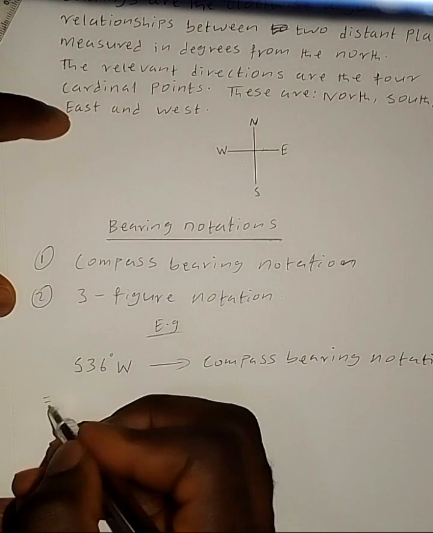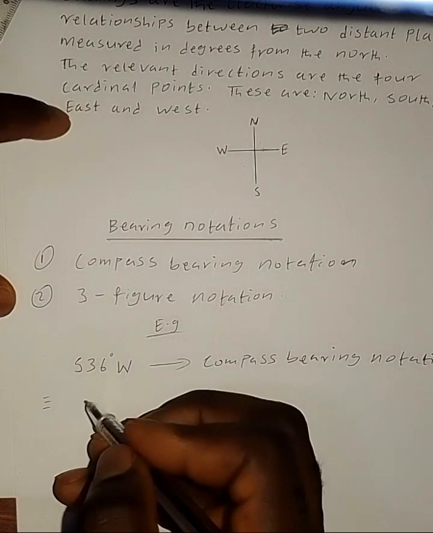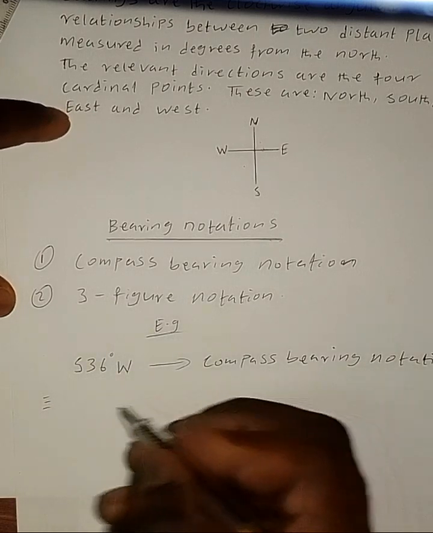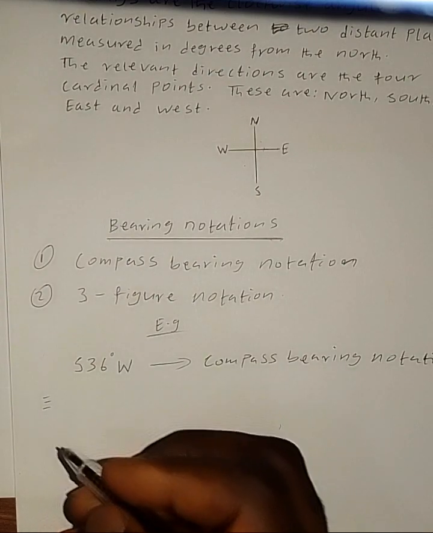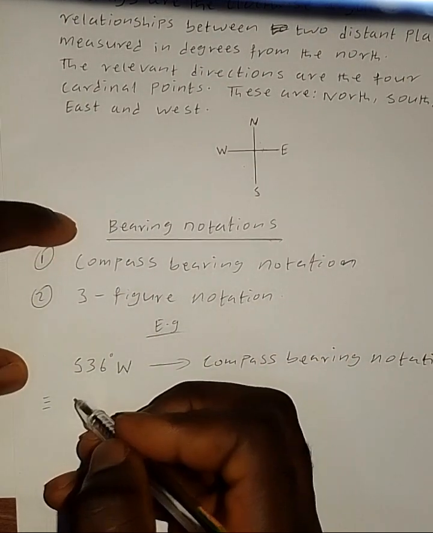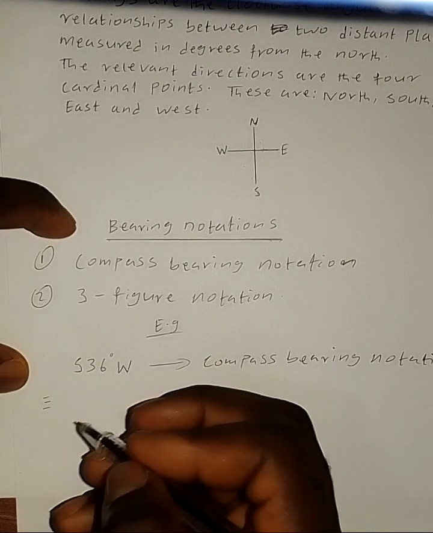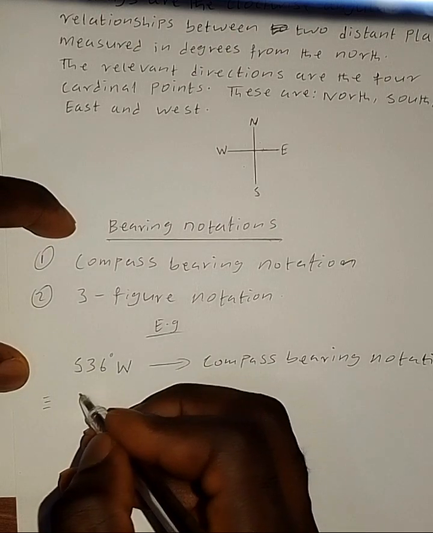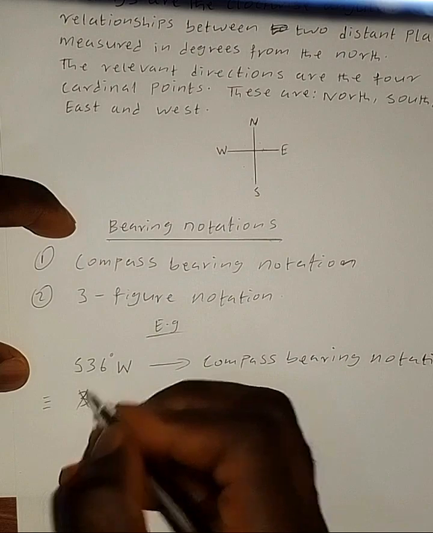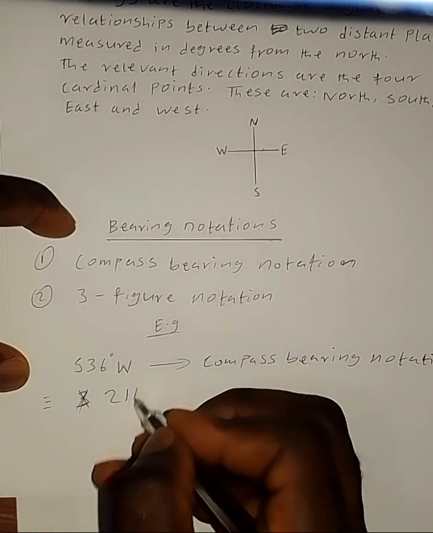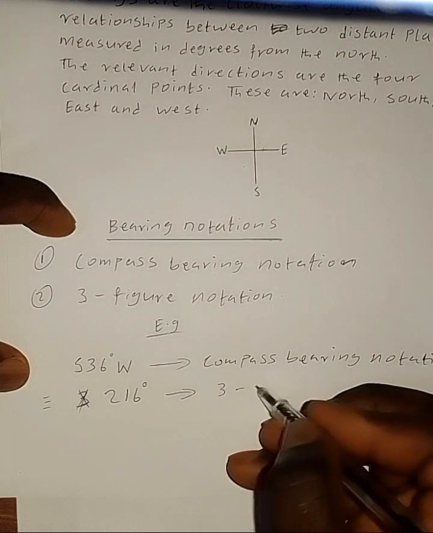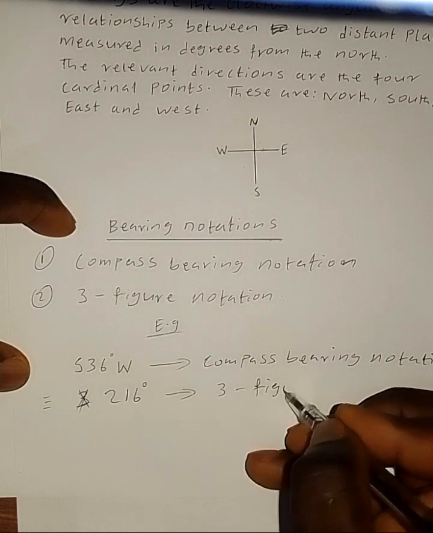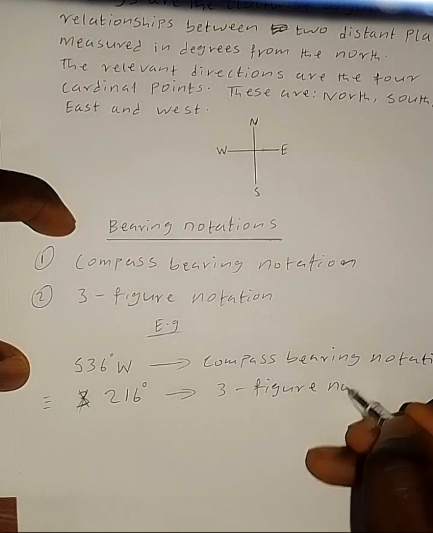This is equivalent to 216. Yeah, 180 plus 36 is going to be 216 degrees, and this is three-figure notation.